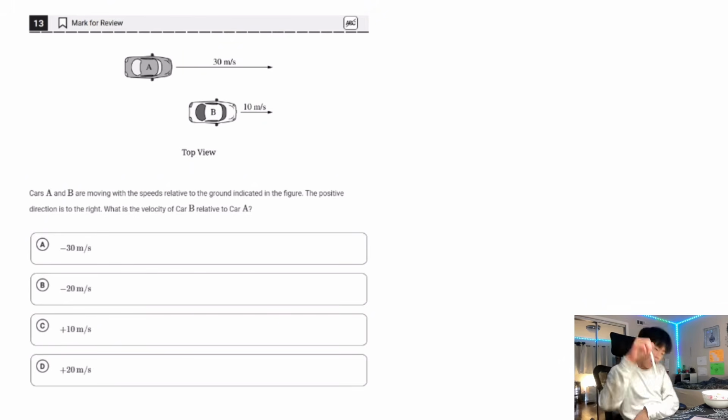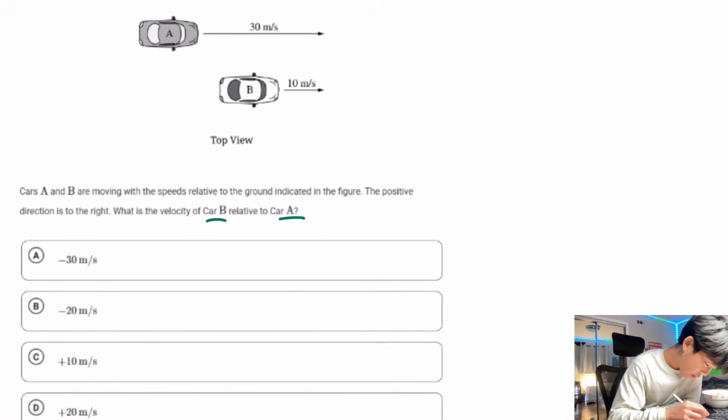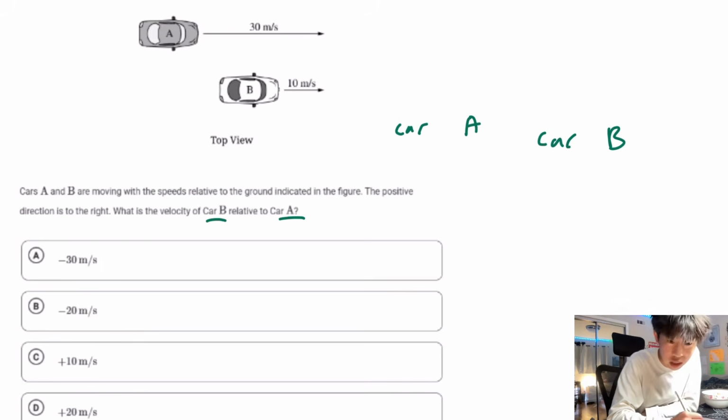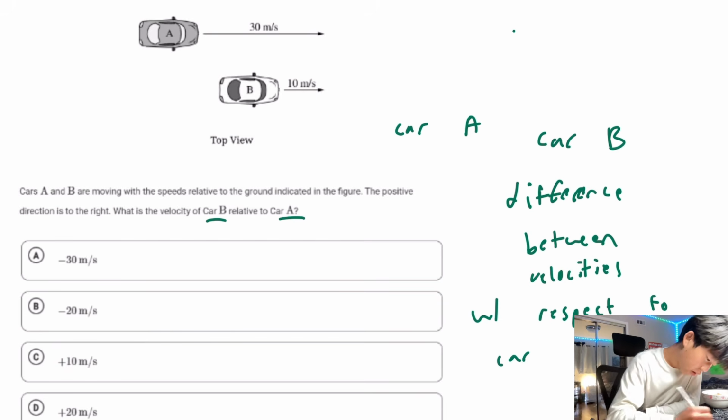All right, but anyway, relative B to A just means if you're in car A, how much faster or how much slower is car B going? It's the difference between their velocities with respect to car A. So if car A is 10 and this one's 30, the difference is going to be 20 meters per second.